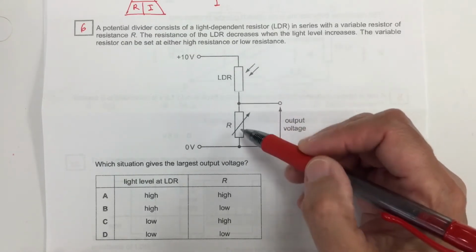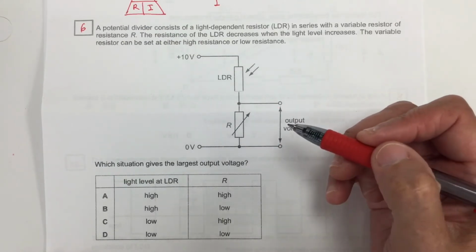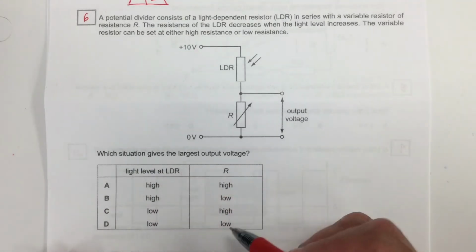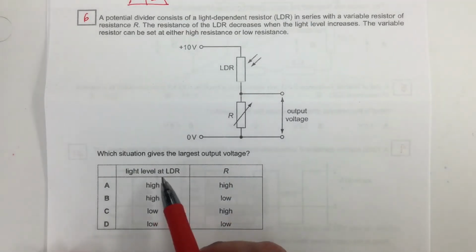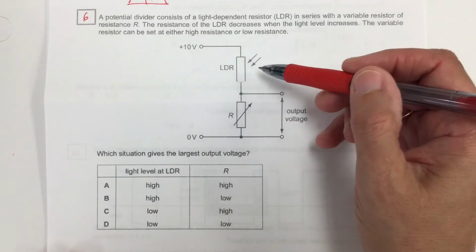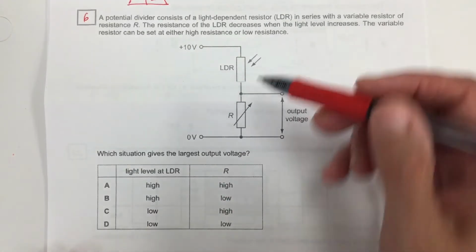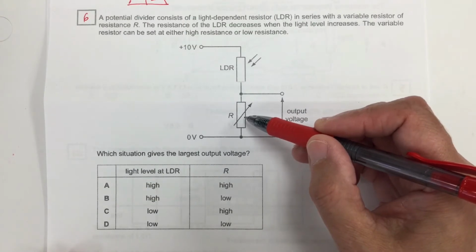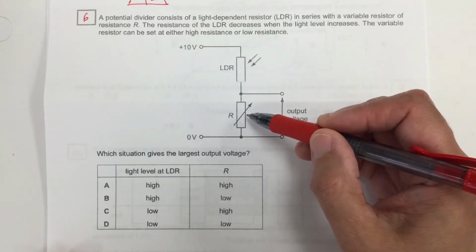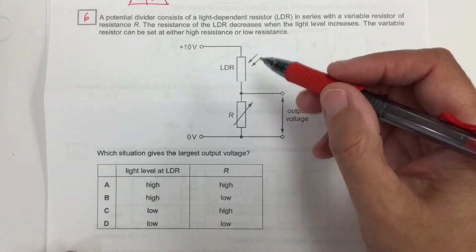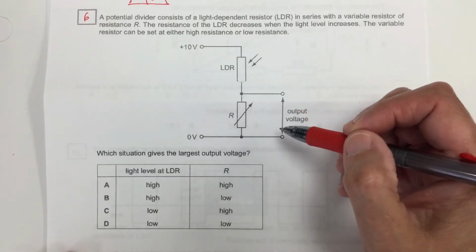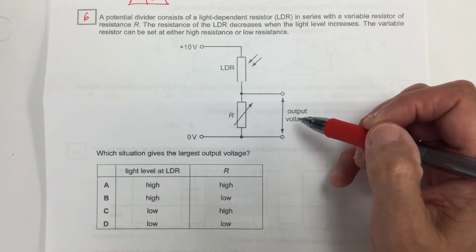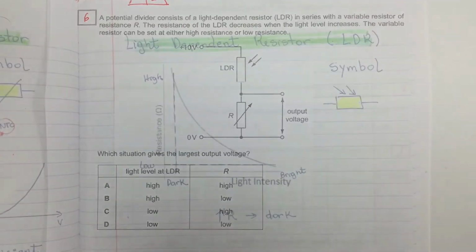By our results, we can look at the amount of light at the LED and how the variable resistance is set, on high or low. So we need to look at each one individually to determine which will produce the largest output voltage.